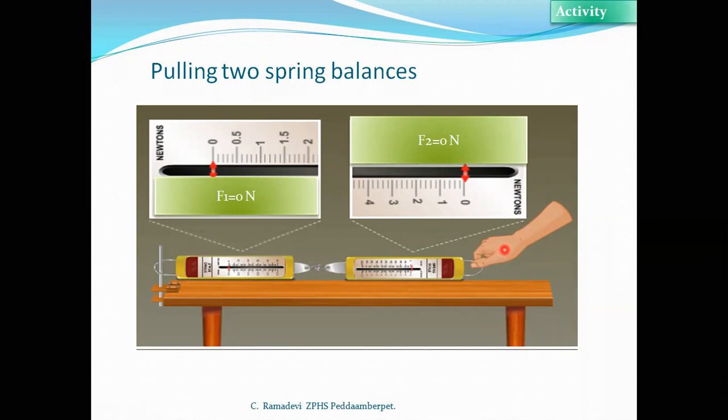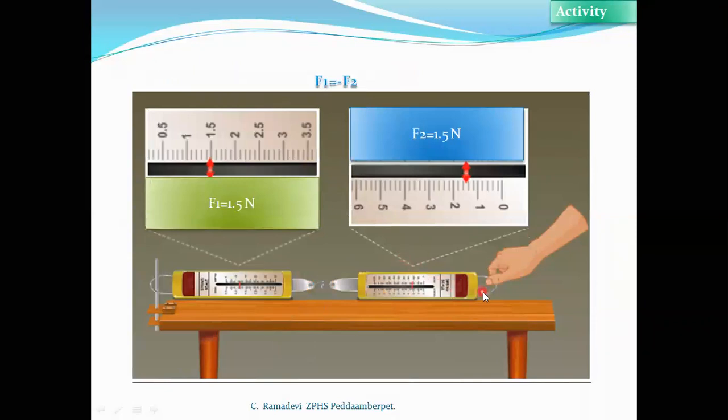Now we are trying to pull it. We find that both the balances show the same reading. The first spring shows 1.5 newtons, and the second spring also shows 1.5 newtons. Balance 2 pulls balance 1, due to which we get some reading in balance 1.